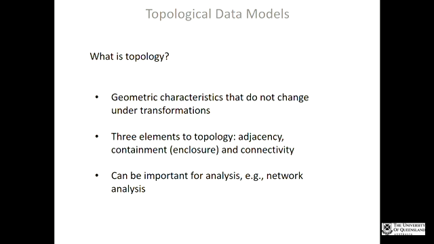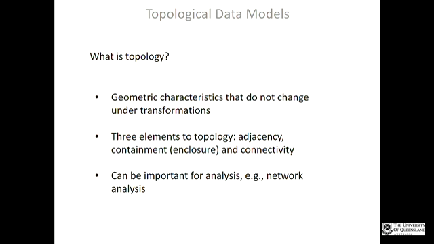geographically in a landscape. But there is a thing that makes it a bit more complex, a thing called topology. So in a vector data model, topology tries to define relationships between objects. And at the heart of it, topology says something about geometric characteristics of objects that don't change under transformation.